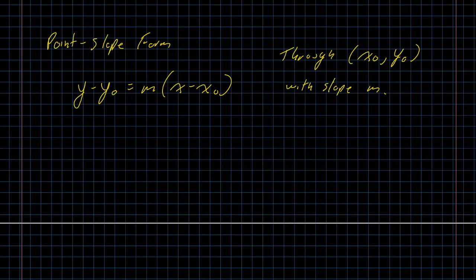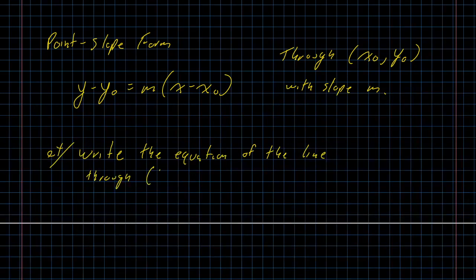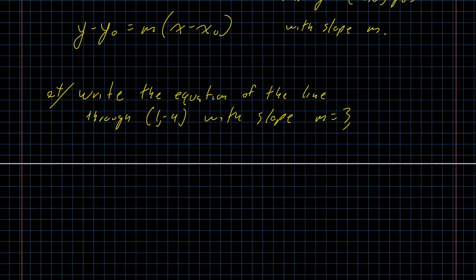And so if you have a point, and you have a slope, it's simply a plug and chug game.